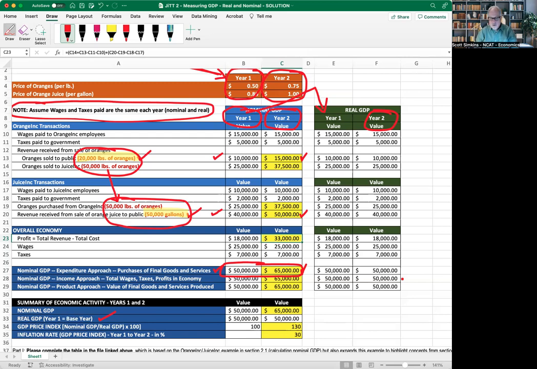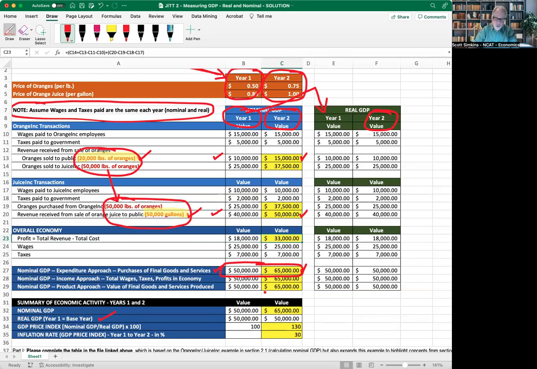So what we do is we measure the value of those things. Right? In the US, we measure that in terms of dollar values. And then we can just add up all those dollar values. The problem is the dollar values can go up simply because of inflation, as in this example. And so that inflates the value of what the economy is actually producing. So we want to measure where that's not the case.